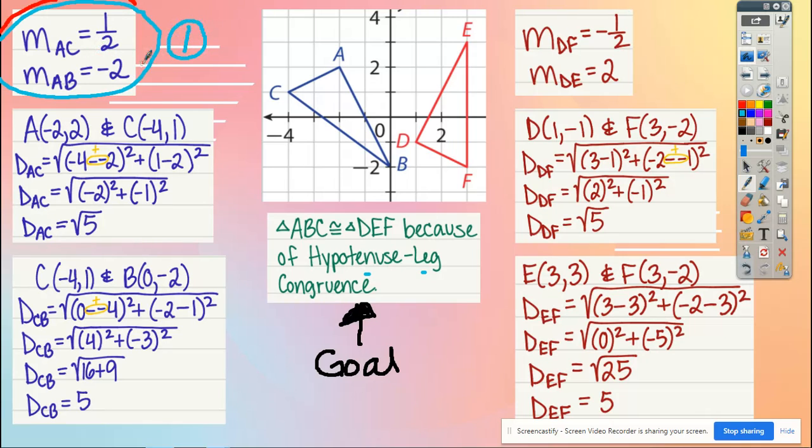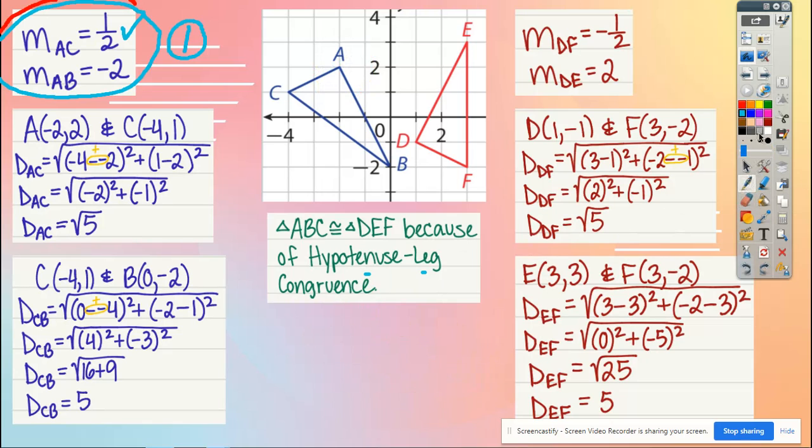So I'm going to put number 1 here. AC, the slope of AC, remember M means slope, is 1/2. If I go from C, which is the leftmost point, and I find the slope, is it 1/2? The answer is yes. Just a little refresher on slope.